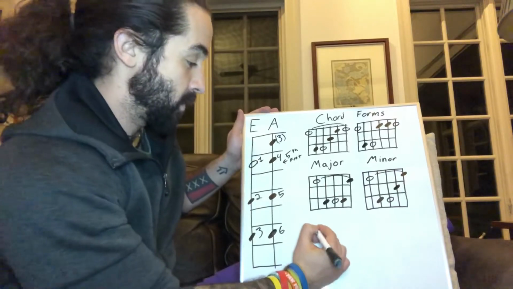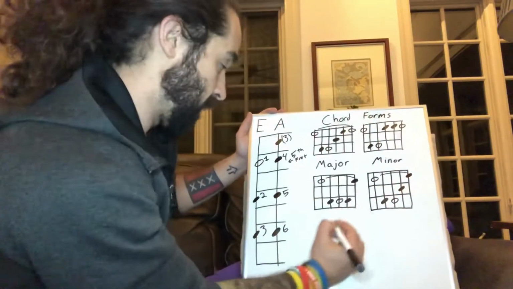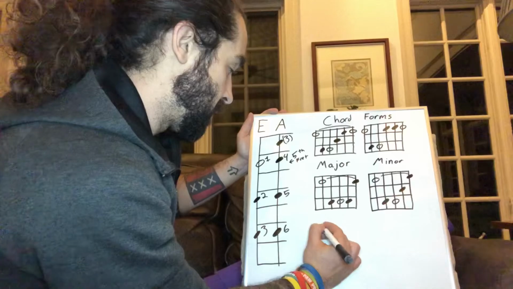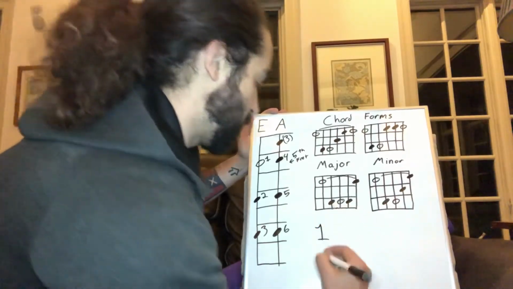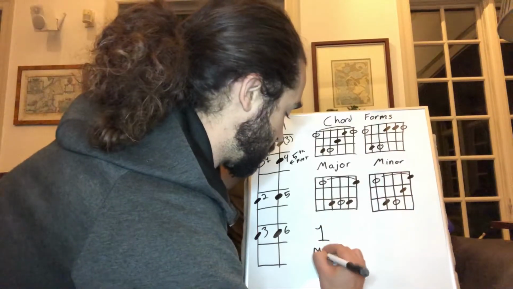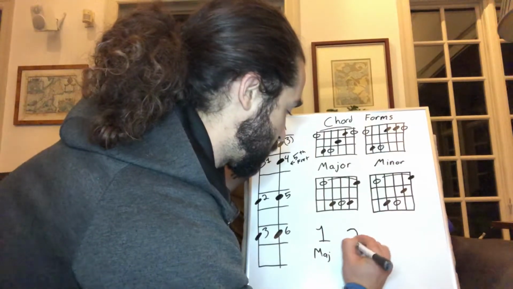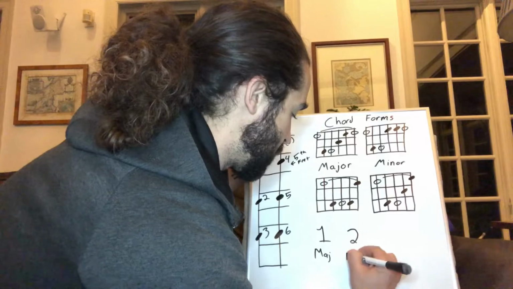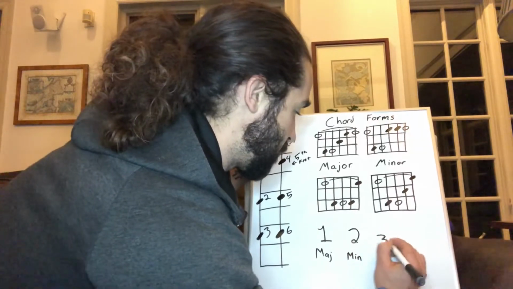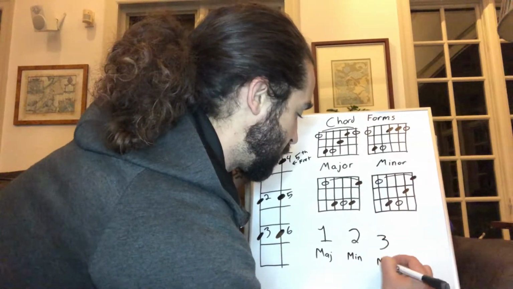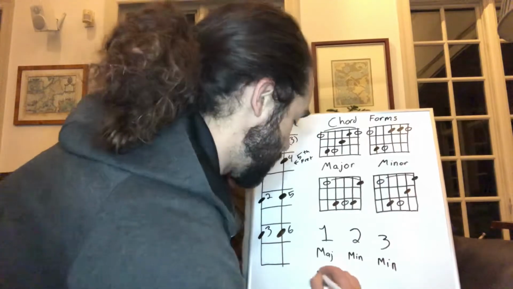Our 1 chord, I'm gonna try to do this without writing it super sloppy, guys. Our 1 chord is major. My 2 chord is minor. My 3 chord is minor.